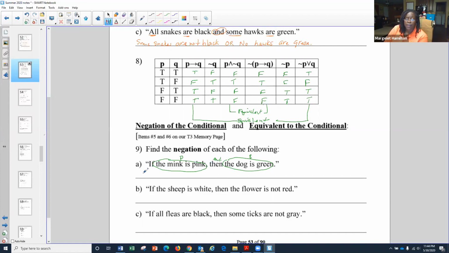So we say the mink is pink. And what? Now we got to negate, right? The dog is not green.